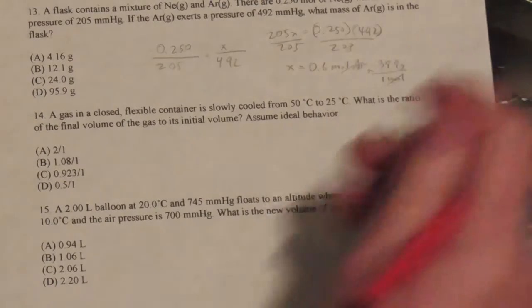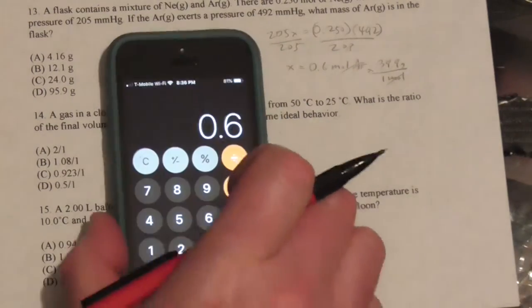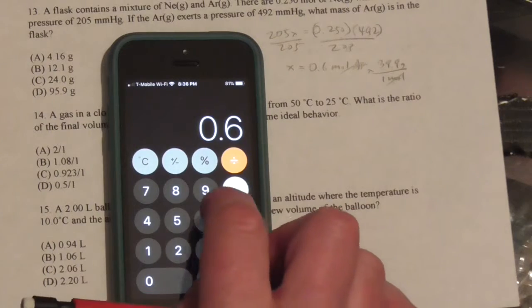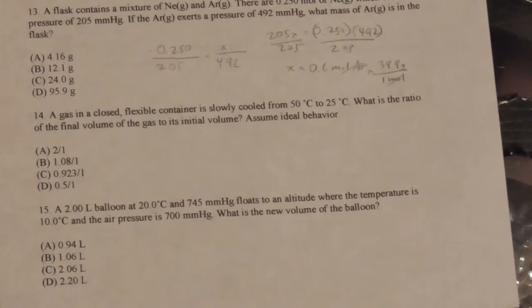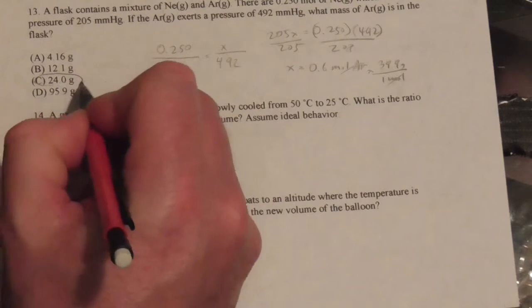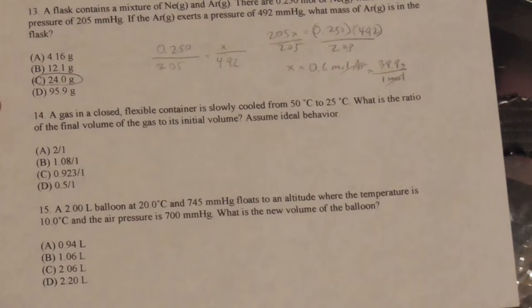Therefore my moles cancel out. So 0.6 times 39.9 equals 23.94, which is very close to 24 grams of argon.